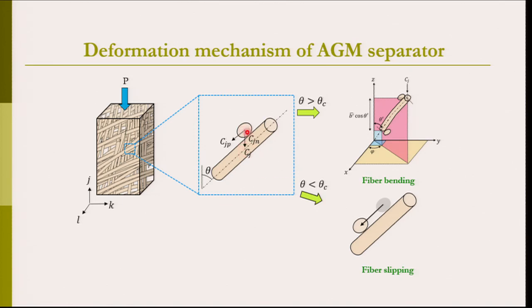This average force can be resolved into the parallel force, shown by Cjp, and the normal force, denoted by Cjn. The action of these two forces deforms the fiber element. Cjn would bend the fibers and Cjp would stretch the fibers.